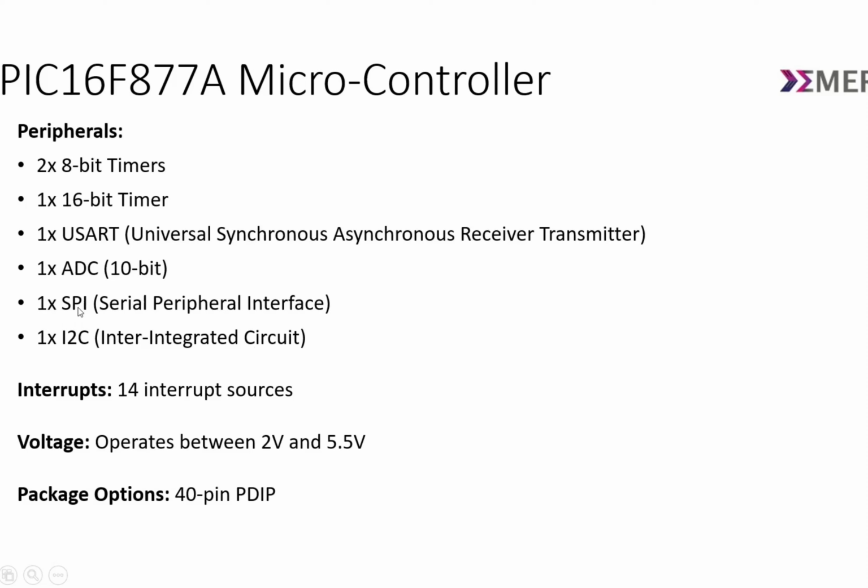And one ADC, that is an analog to digital converter, of 10 bits, plus we have 14 interrupt sources, voltages between 2 to 5.5 volts, and the packaging is a 40-pin dual inline package.